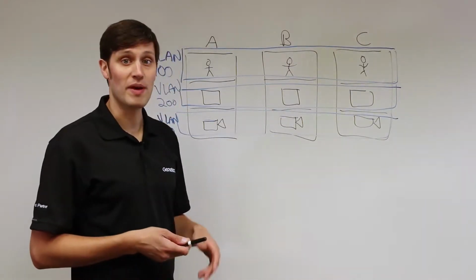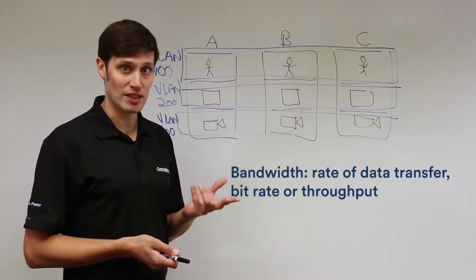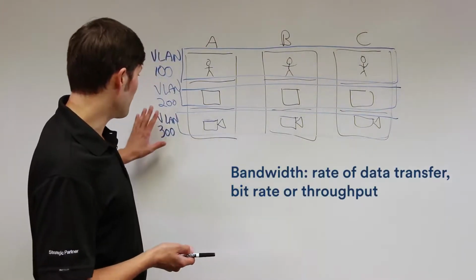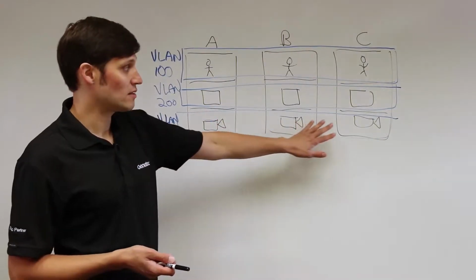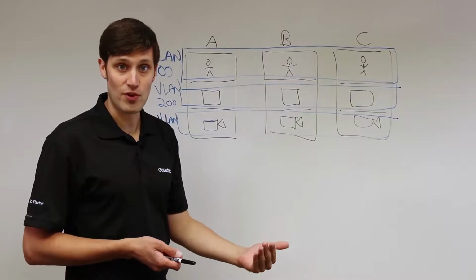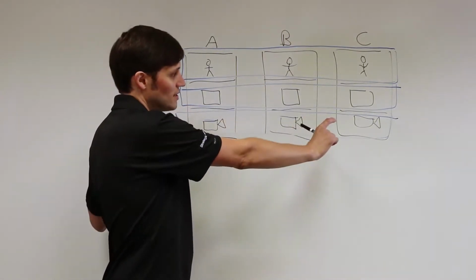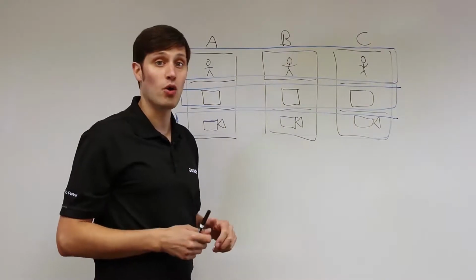The second benefit, and that's a major one, is bandwidth availability. For example, we all know that video surveillance generates a lot of traffic on the network, but we want this video to be always available.